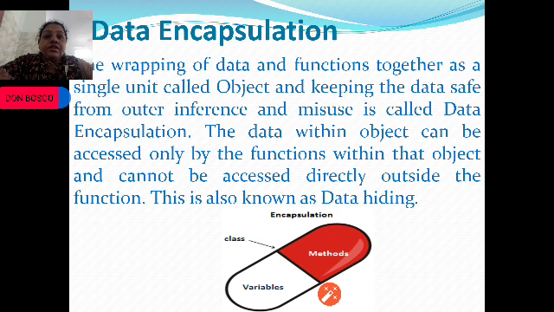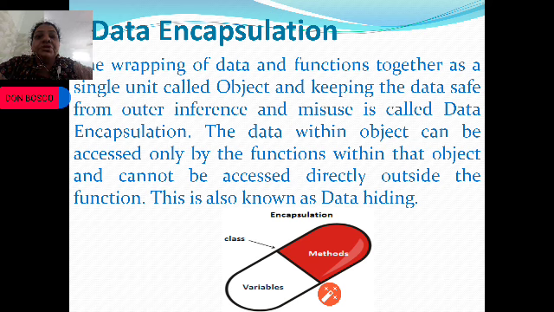Object A's data can be accessed only by the functions of object A, not by the functions of object B. That means the data is closely bound within the object. So when we are wrapping the data, binding the data and functions together as a single unit, we use the concept of data encapsulation.